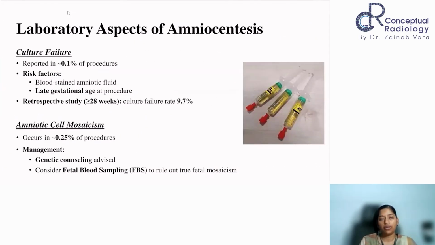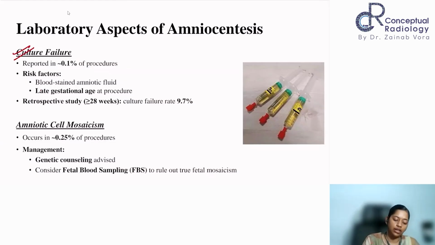Now, there are laboratory aspects of amniocentesis. Once you're done with the procedure, patients will ask you when the report will come, what the timelines are, and what information they will get from this procedure. So you should know that there are two things that bother the reporting. First thing is culture failure. Culture failure happens in 0.1% of procedures.